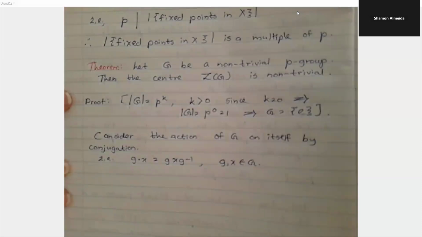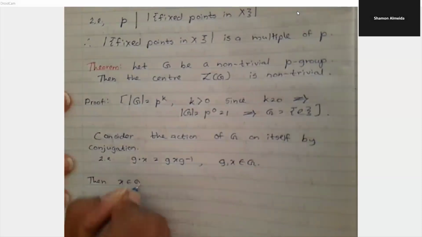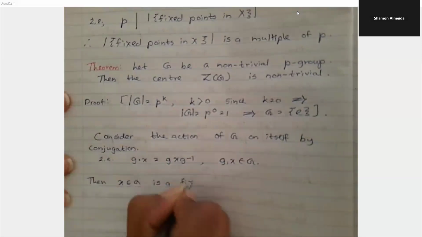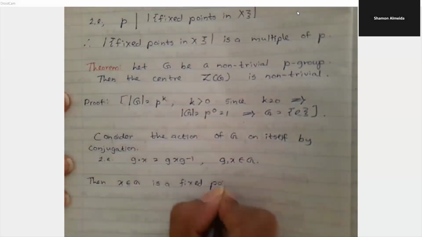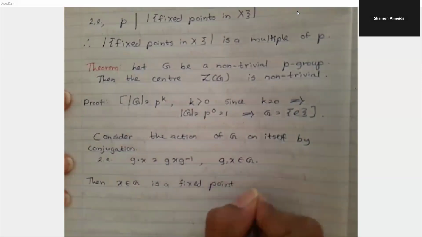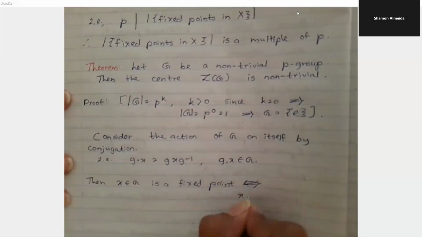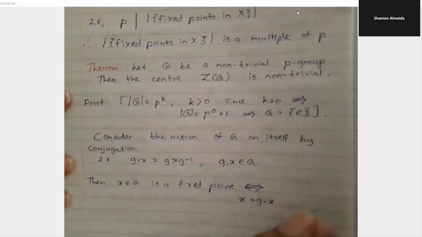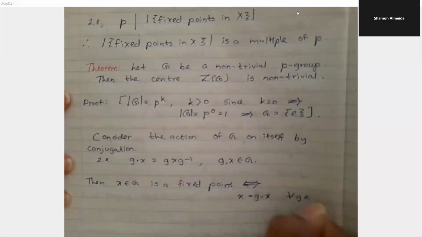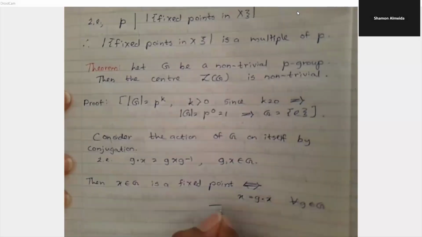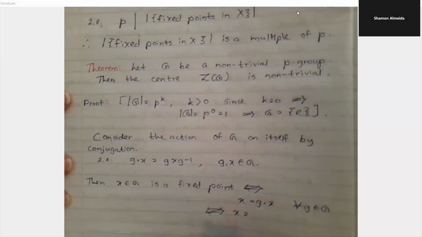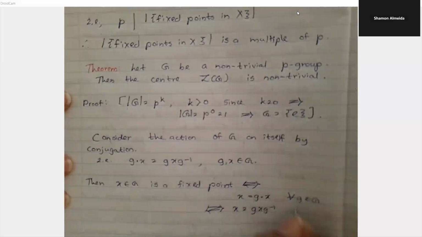Right. Now observe, x is a fixed point if and only if x is equal to g dot x for all g in this group. This is if and only if x is equal to, by simply applying the group action, g x g inverse for all g in G, right?